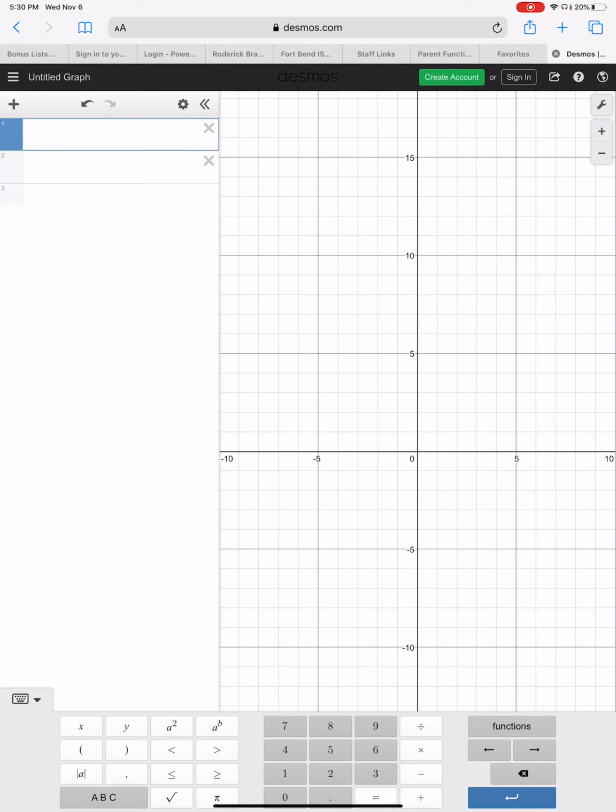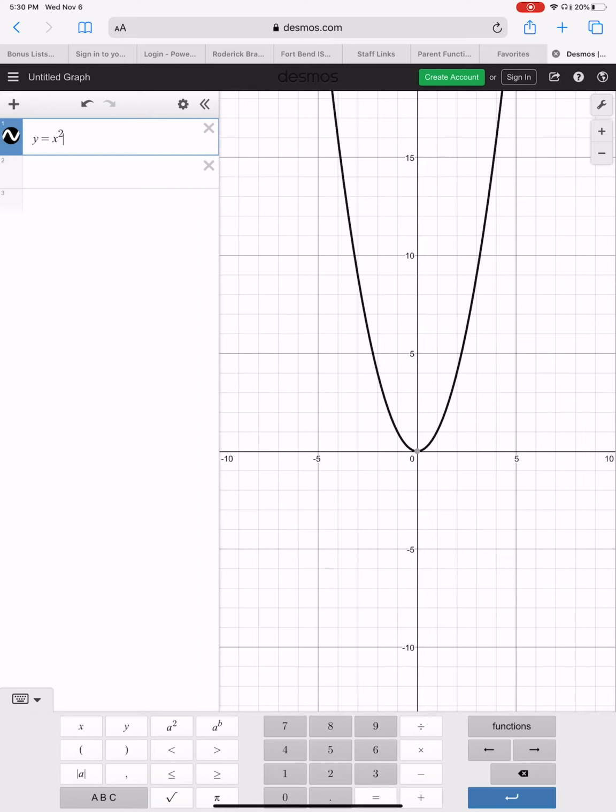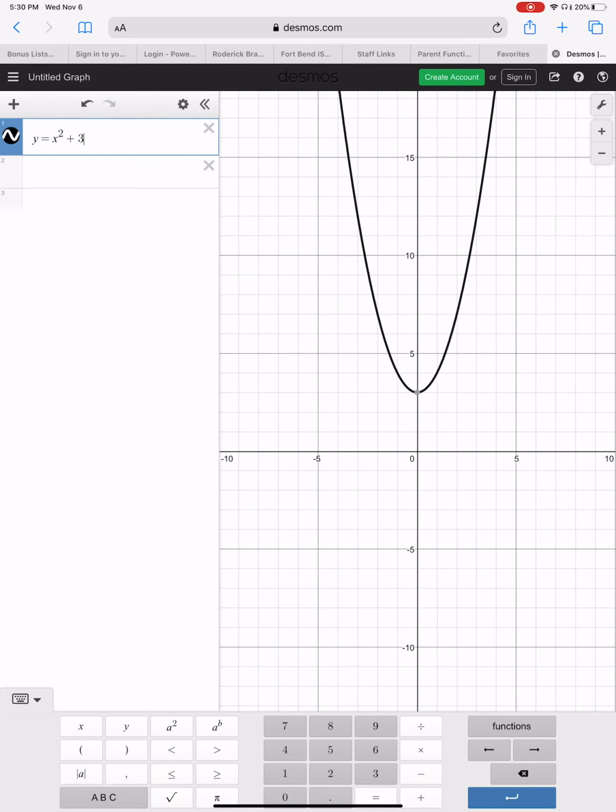I erased it, but we have y equals x squared plus 3. That was the related function, and our parent function was y equals x squared.